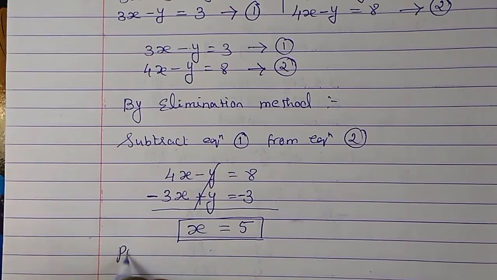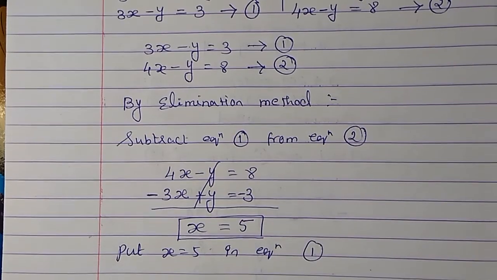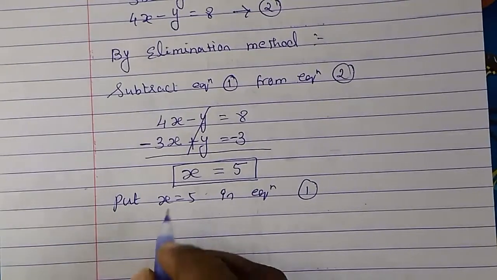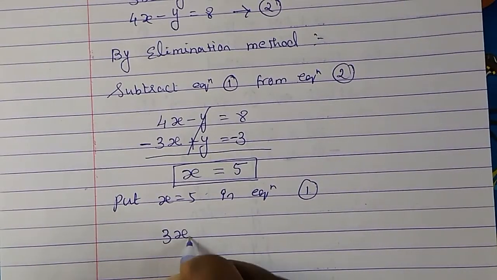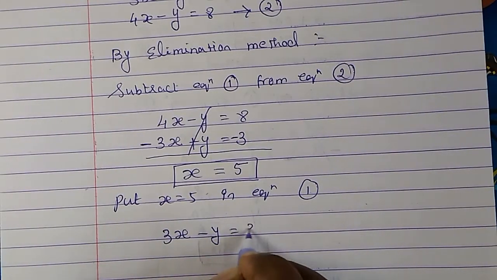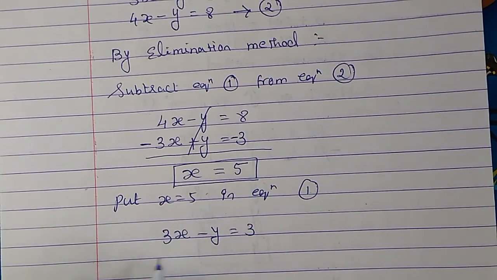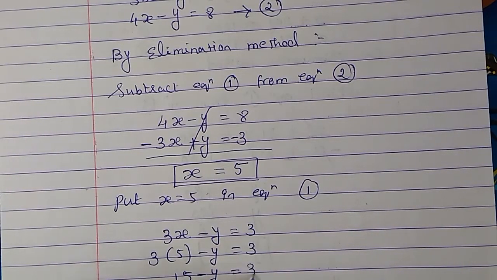Now put x equal to 5 in any equation. Equation 1 is 3x minus y equal to 3. Here x is 5, so 3 fives are 15, minus y equal to 3.